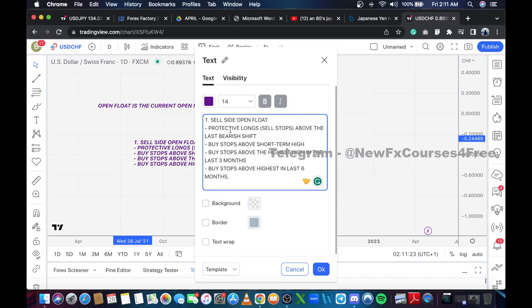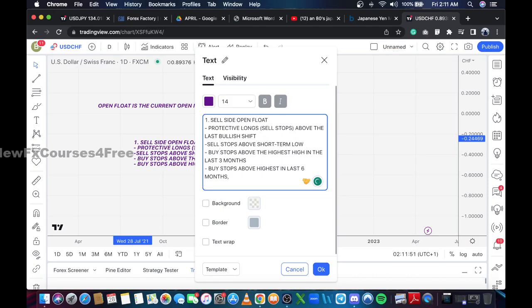And usually you're going to have sell stops protecting the longs above the last bullish shift, because again, these longs, you're looking at bullishness in the marketplace. Then you're going to have sell stops above a short-term low for the buy side.